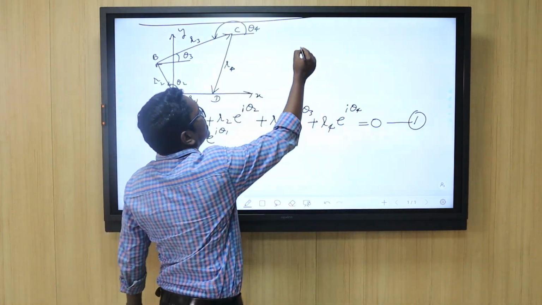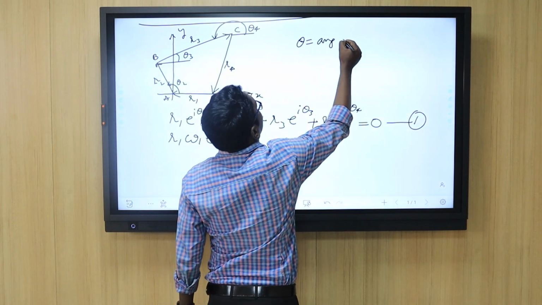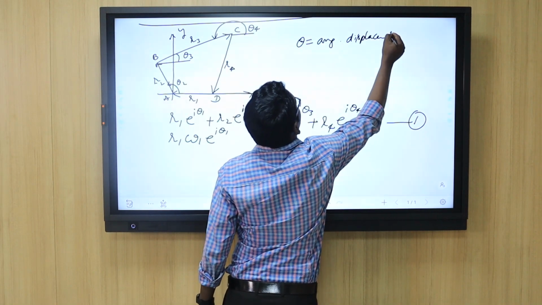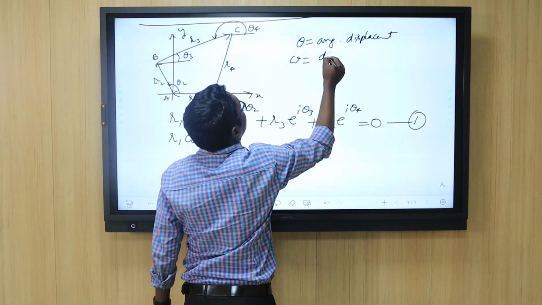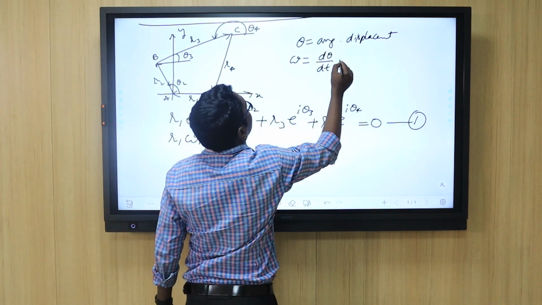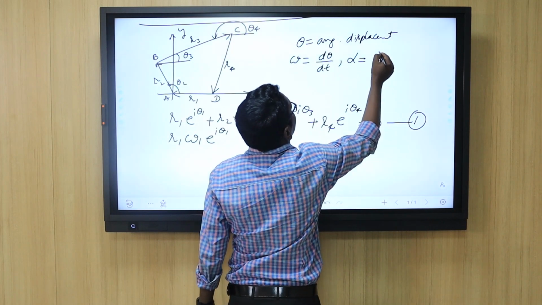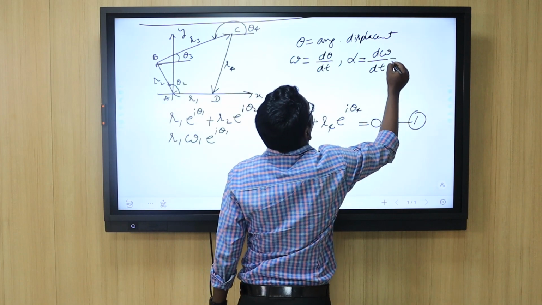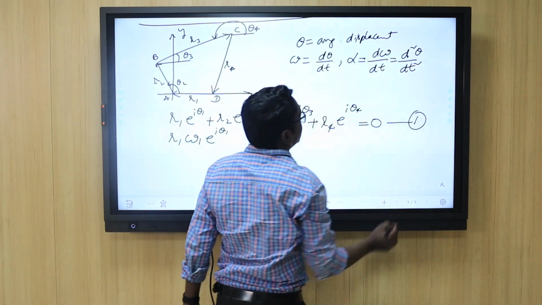You know about theta, this is the angular displacement, and omega is the angular velocity, d theta by dt. And what about angular acceleration alpha? This is d omega by dt or d square theta by dt square.